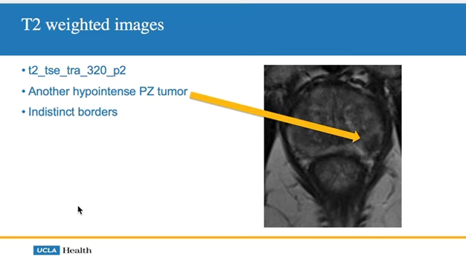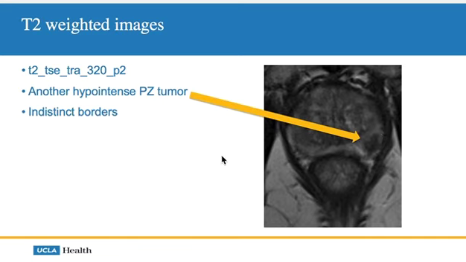Here's another example. So this is an MRI that we've not looked at. Again, it's a T2 weighted sequence. And here we don't see such a well-delineated peripheral zone on this MR. You can see here the anterior transition zone. We don't see quite as well delineated a peripheral zone here. But you can see on the left side of the peripheral zone, there's a hypointensity.